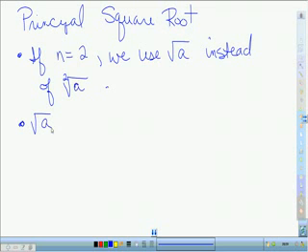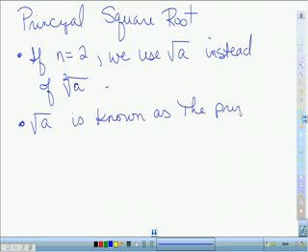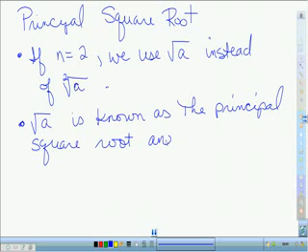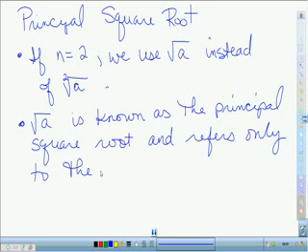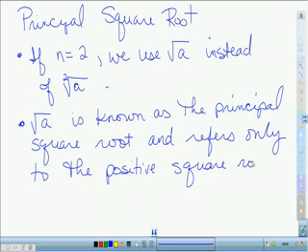And the square root of a is known as the principal square root and refers only to the positive square root of the number.